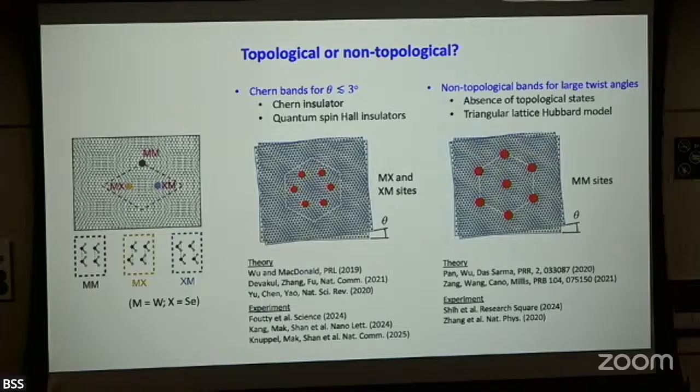They can occupy different lattice sites. In the small twist angle case, they occupy the MX and XM sites, and this can give you topological bands. But for large twist angle, they can occupy the AA metal-on-metal sites, and this can be modeled as a simple triangular lattice Hubbard model. So we're going to look at this case a little bit.